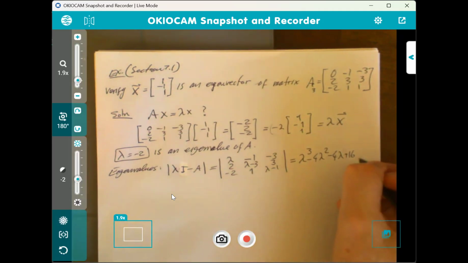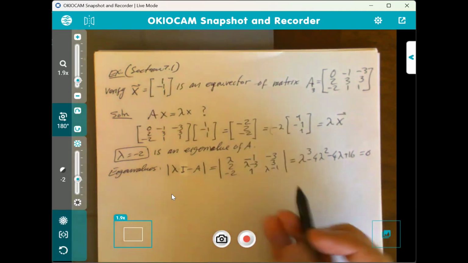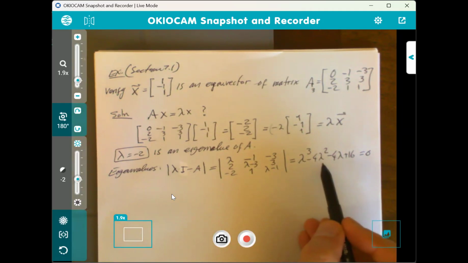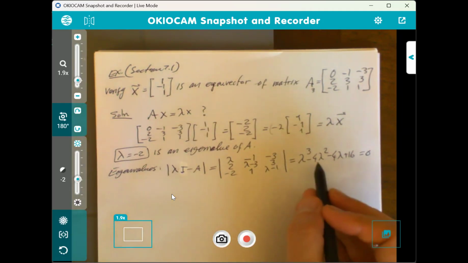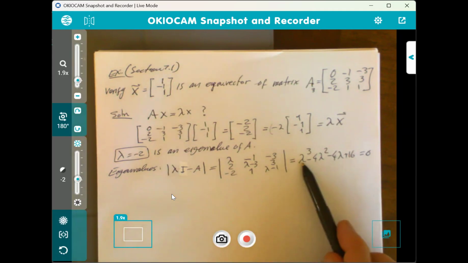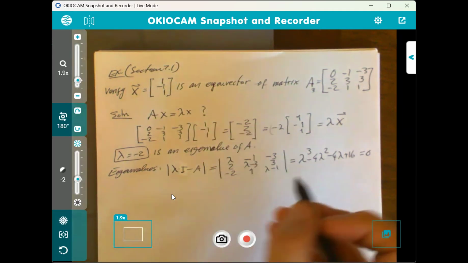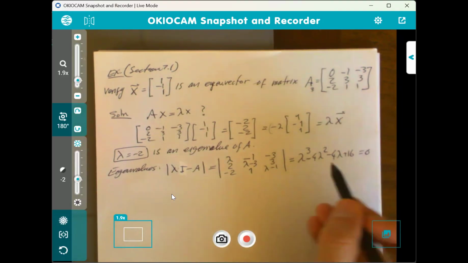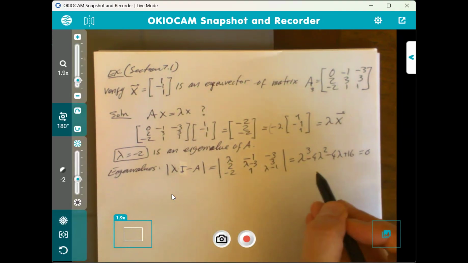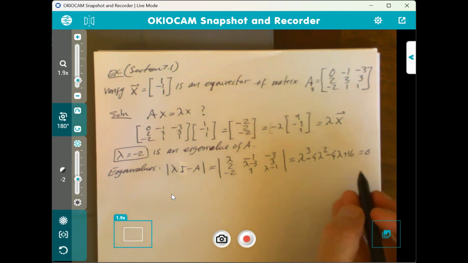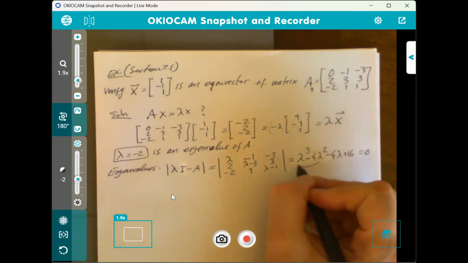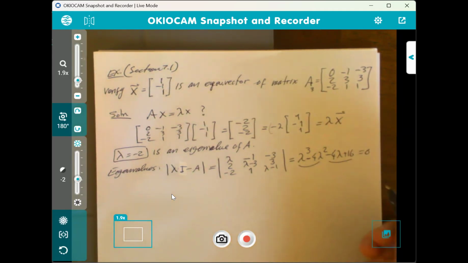Now we're going to set this equal to 0 to solve the characteristic polynomial. I can factor this third degree polynomial in lambda. Because it has 4 terms, as you probably recall from algebra, we can factor this by grouping. The way I grouped them was the first 2, last 2.